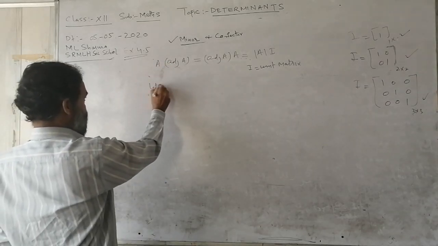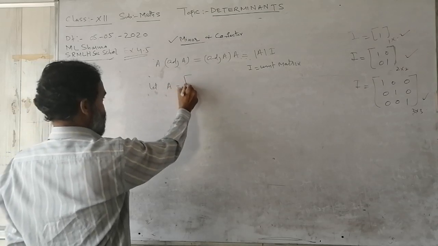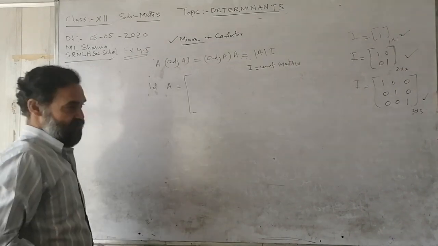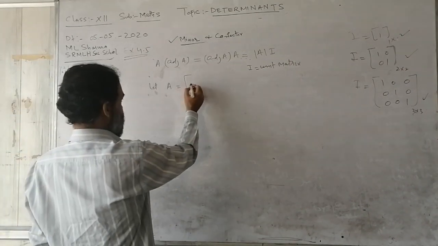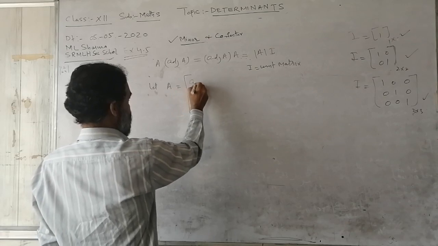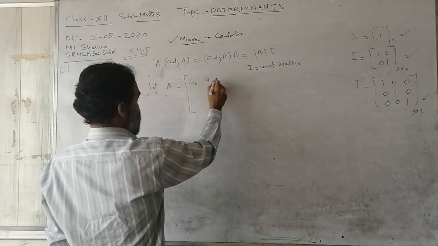Let me take matrix A. I can take a matrix of any order, 2 by 2 or 3 by 3. So let me take a matrix of order 3.